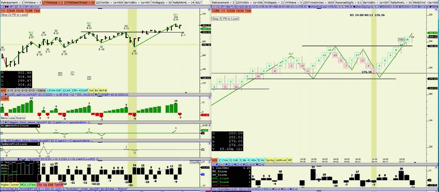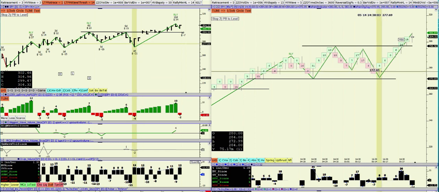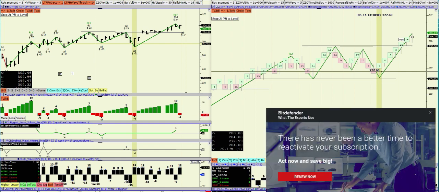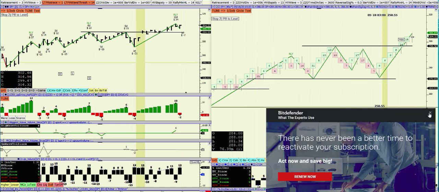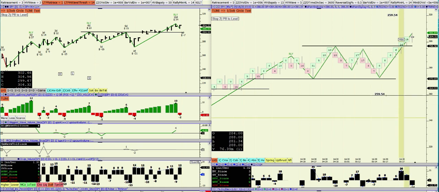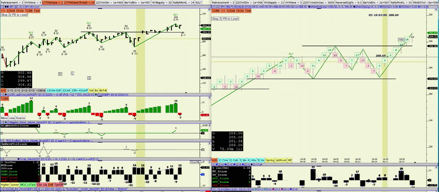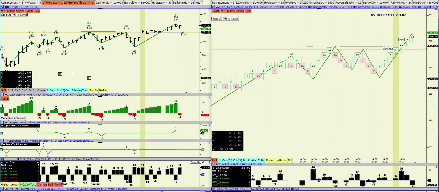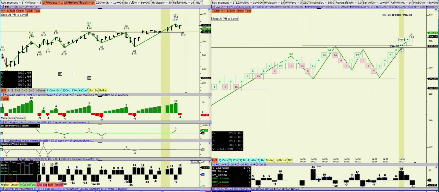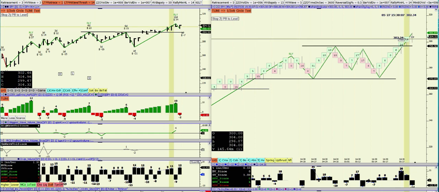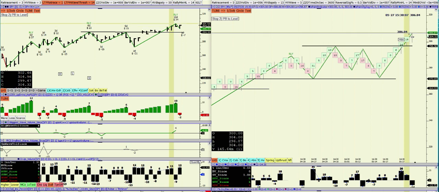Then 80,000 shares came in, which was bigger than the last 2 bars. Anyway, this came in 80,000 shares, 80,000 shares, 60,000 shares here, and they took out the high with 260,000 shares with a follow through of 150,000 shares.